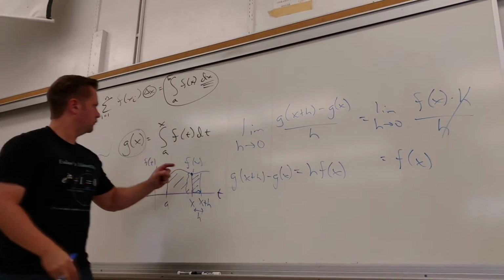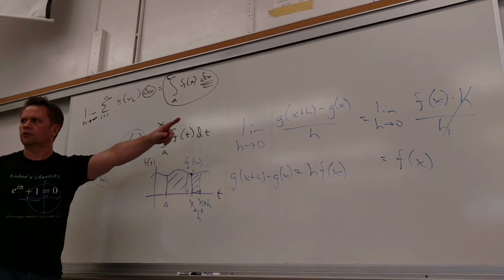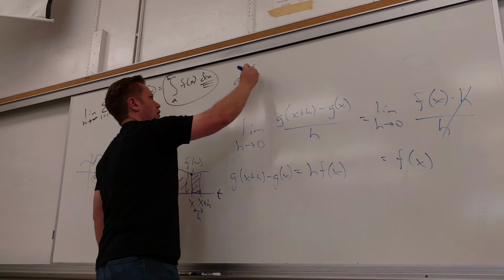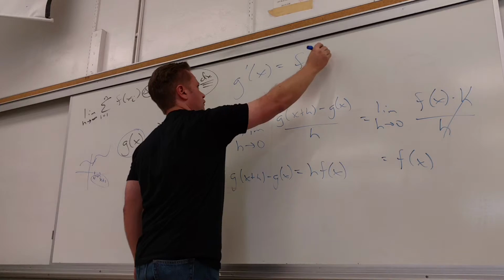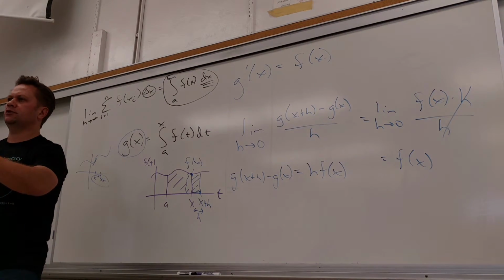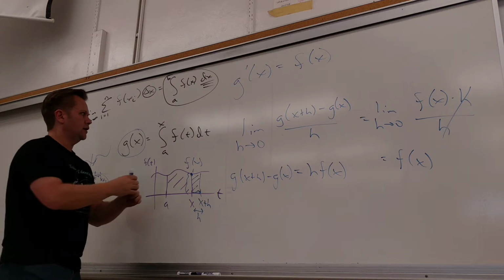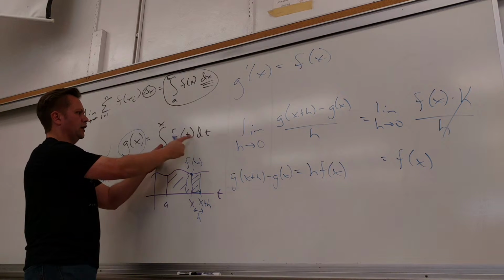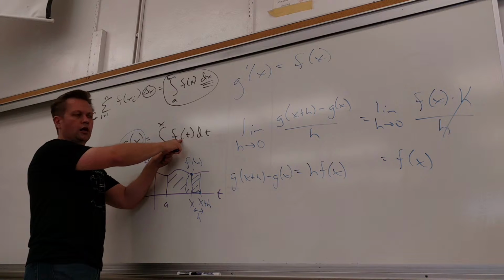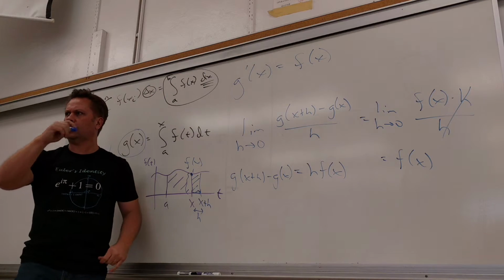So the derivative of this, that's what we just calculated here, right? The derivative of that is f. Now what's really important here is that this is the area under f, and when you take the derivative of it, you get f itself back.